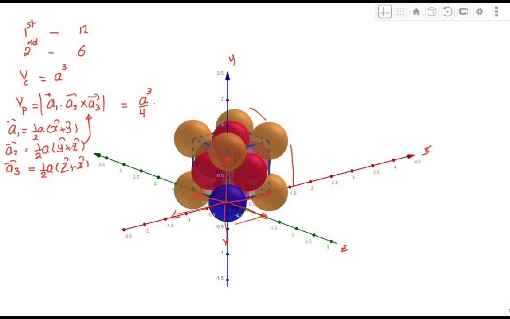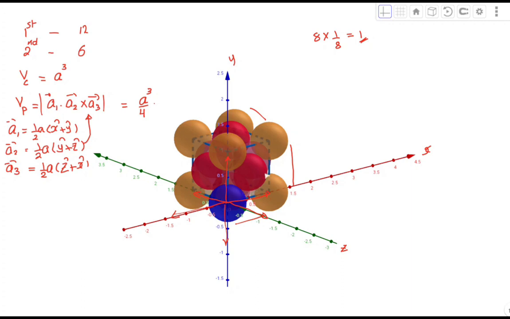Now let's find out the number of atoms used to build this cell right in here. We have 1 atom on each corner of the cube, so we have 8 corners in this case here. Each atom contributes 1/8. So 8 atoms multiplied by 1 over 8 equal to 1. So 1 atom comes from the corners.